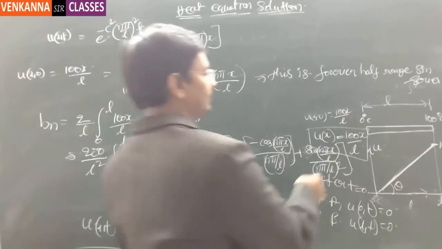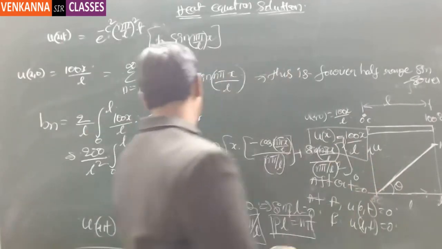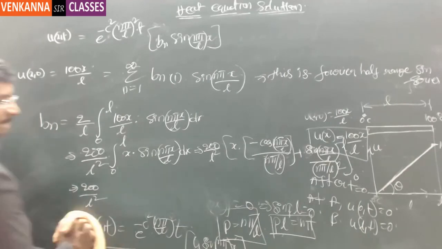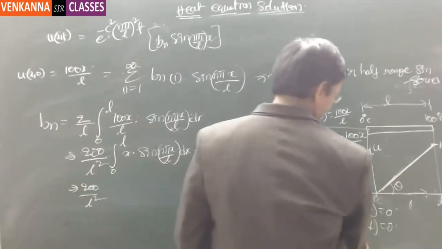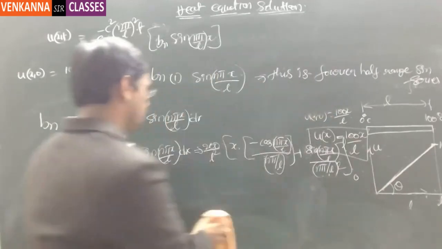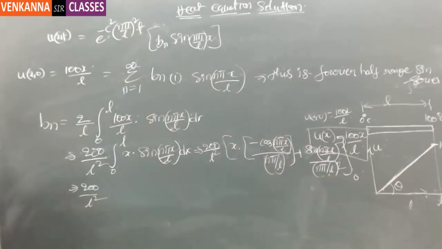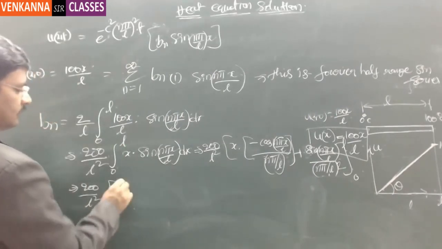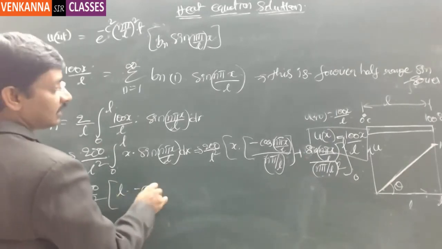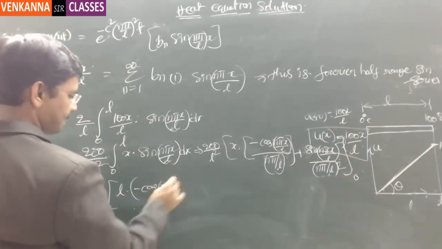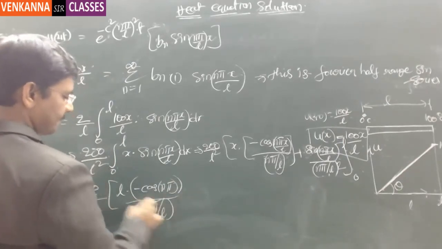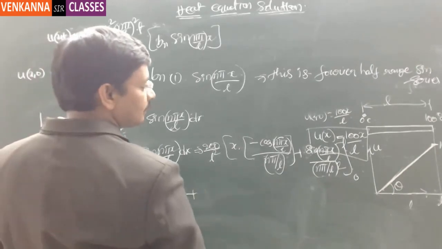Now substitute the upper limit as L and the lower limit as 0. Then this value is going to be 200 by L square. If I substitute x equal to L, so L times minus cos n pi divided by n pi by L, plus sin n pi, which is going to be 0.